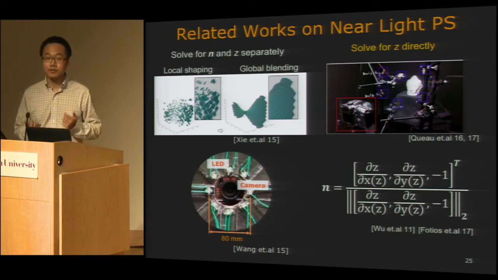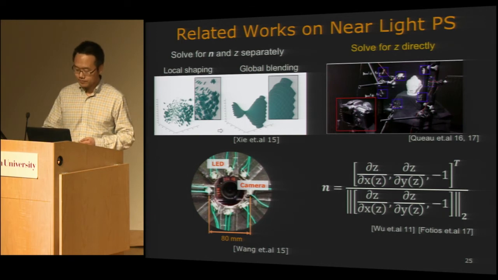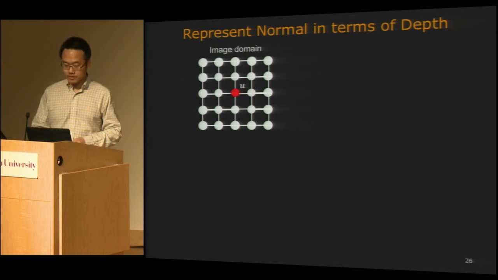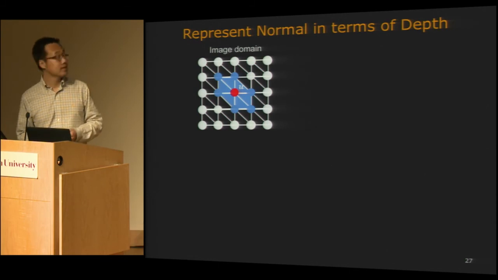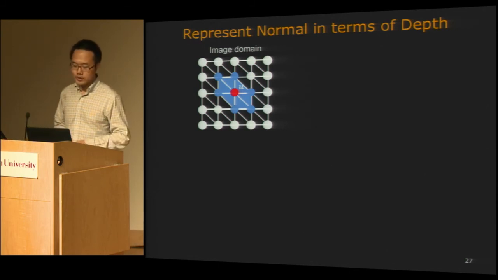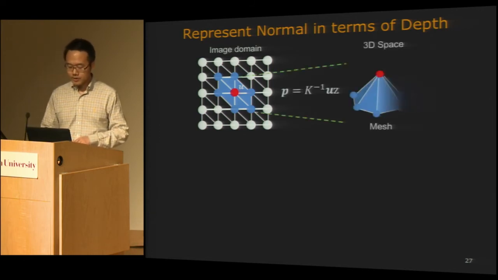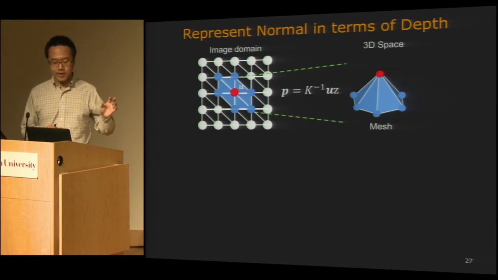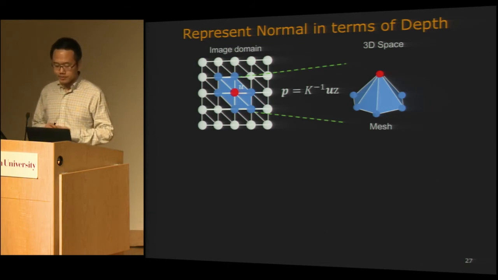But instead of representing the normal in a differential form, we aim to represent the surface normal in terms of the depths in a more tractable manner. So in the image domain, we can treat the pixels as nodes on a regular mesh grid. And we can triangulate the 2D mesh grid plane and define the ring 1 neighborhood of the pixel to be the pixels sharing the same edge. Given the depth and the camera intrinsics, we can back project the nodes into 3D space. And for a pixel and its surrounding neighborhood, we can get its corresponding 3D mesh.